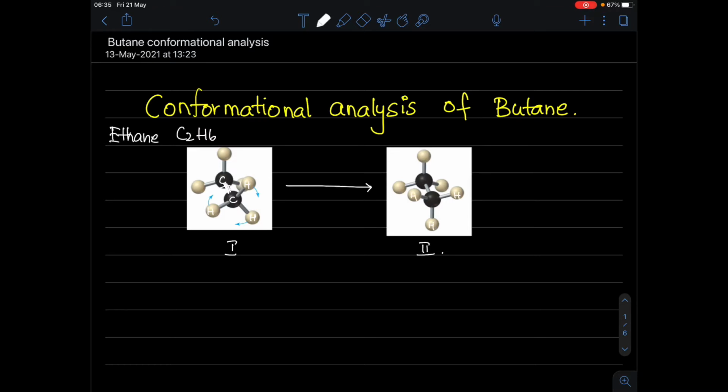I am holding the back carbon and rotating the front carbon to a certain angle, and we get a different structure. So these two structures are called conformers, or rotamers, or conformations of the molecule. Theoretically, this ethane molecule can have an infinite number of possible conformers.